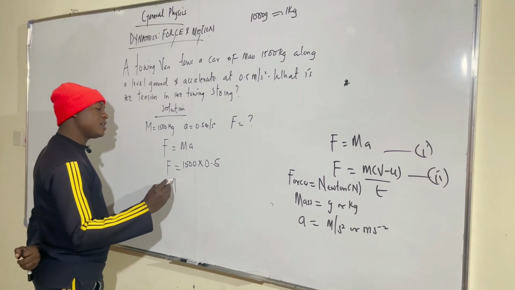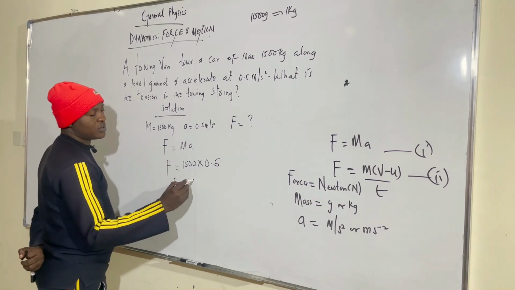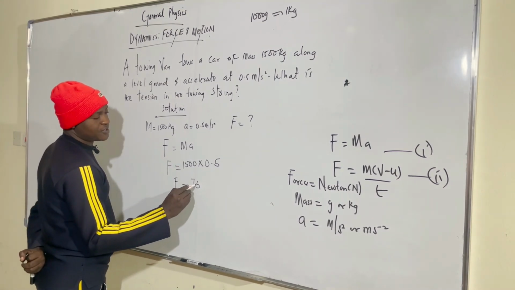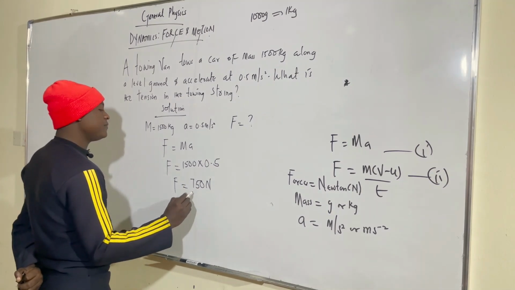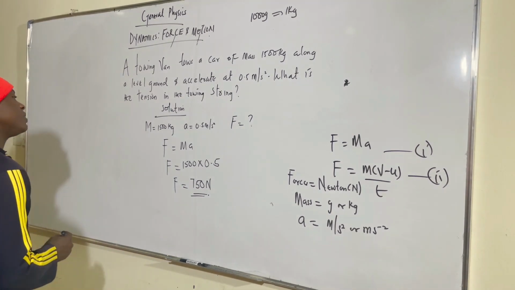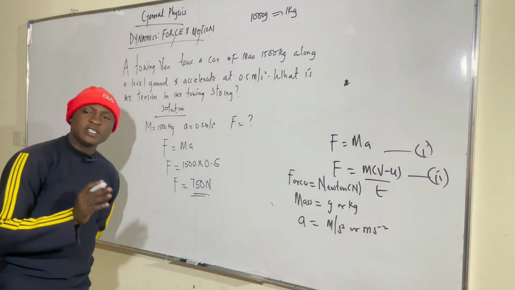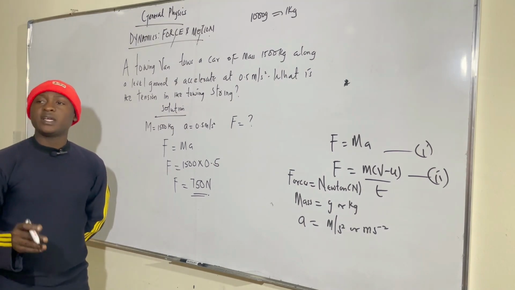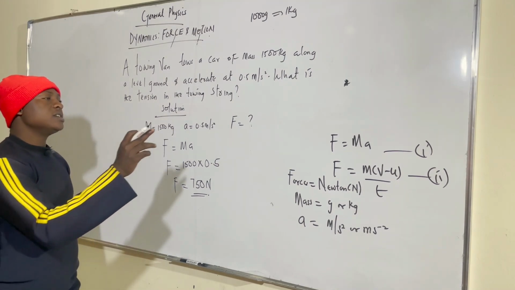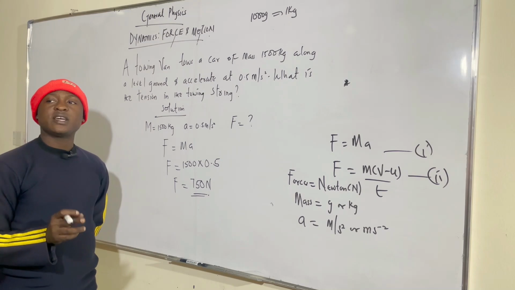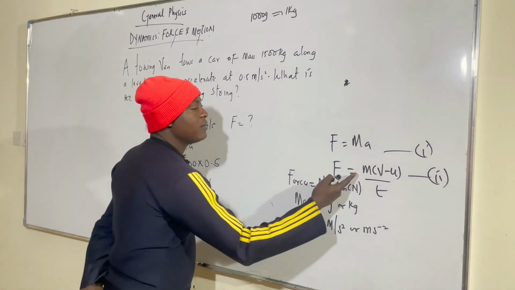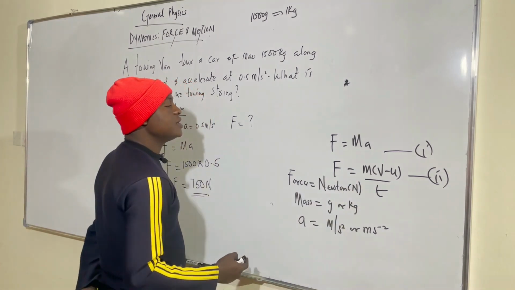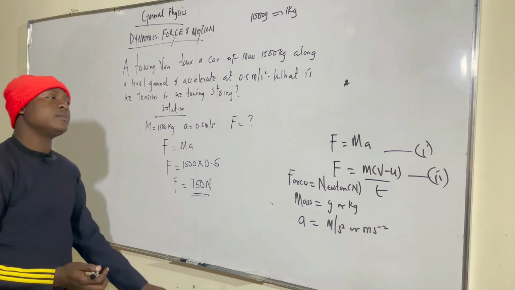If you multiply this by this, we get 750. You understand that one, right? So the data you have depends on the problem you are solving. Either it includes the first one, which is acceleration in terms of mass, or we have mass, final velocity, initial velocity, and at the same time the time given.